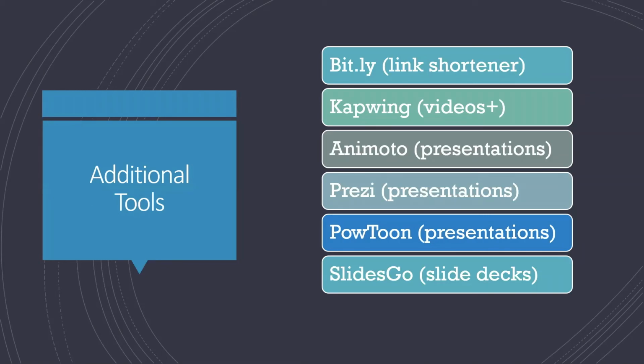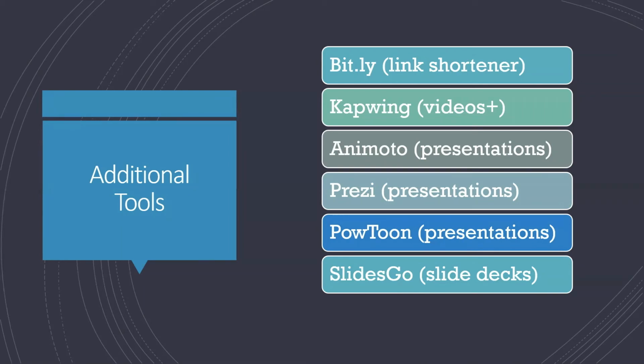You can do a lot with Kapwing. Really, its only limitation as far as its free version compared to the upgraded versions is, I think, you can only have up to a certain amount of minutes of video at a time. But if you're making just short little advertisements or short little promotions, that's not really an issue.